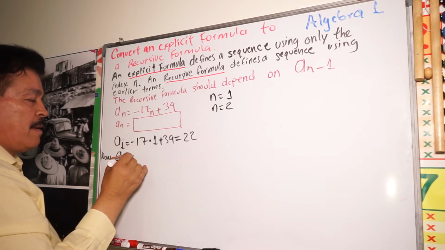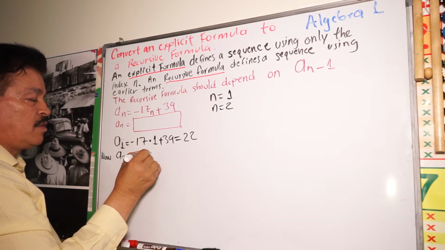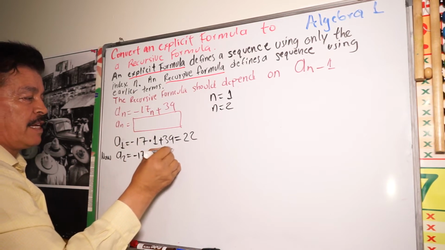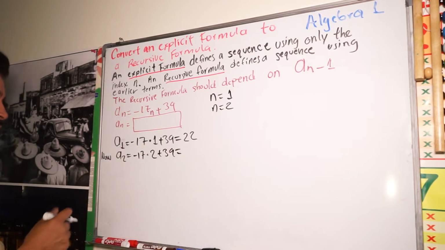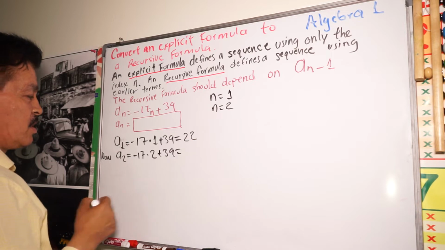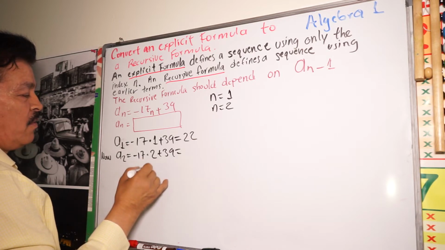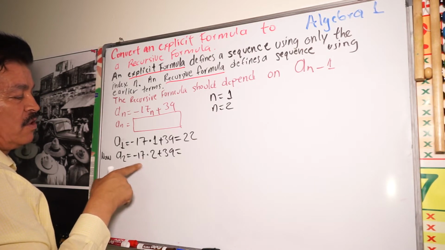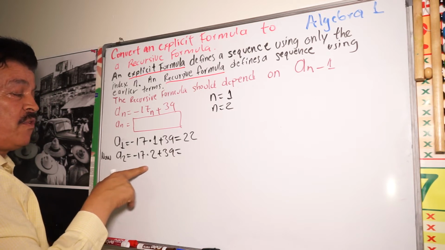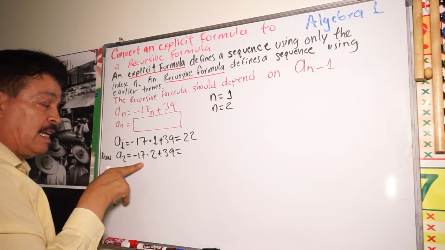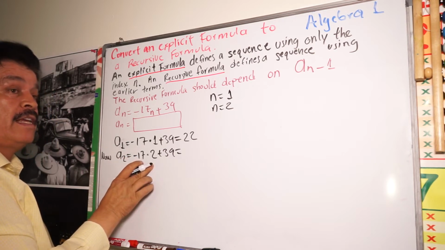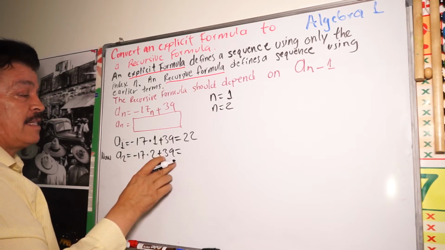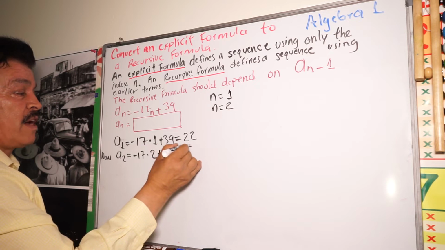You get negative 17 times 2 plus 39. Negative 17 times 2 is negative 34, plus 39 equals 5.